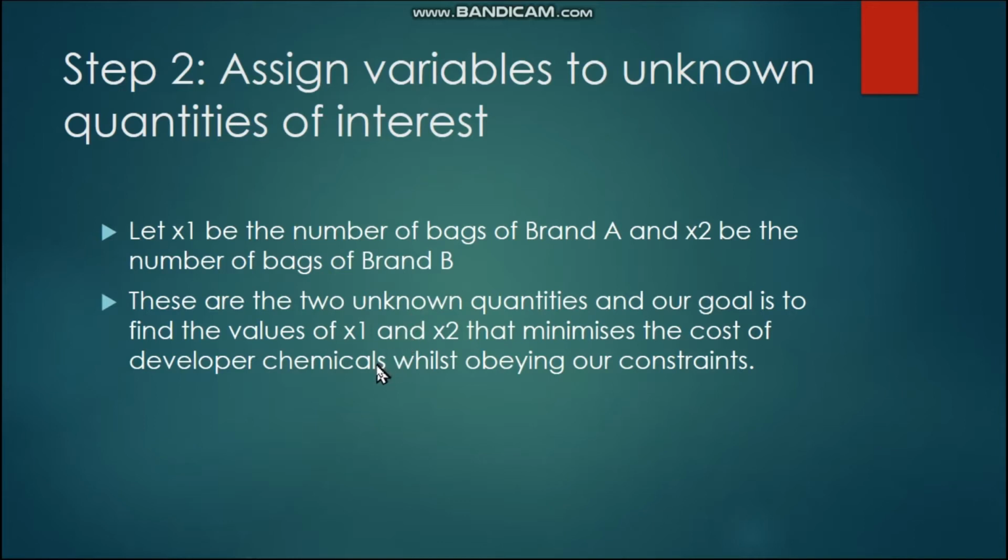These are the two unknown quantities, X1 and X2, and we want to choose X1 and X2 so we can minimize the overall cost of developing a batch of film.